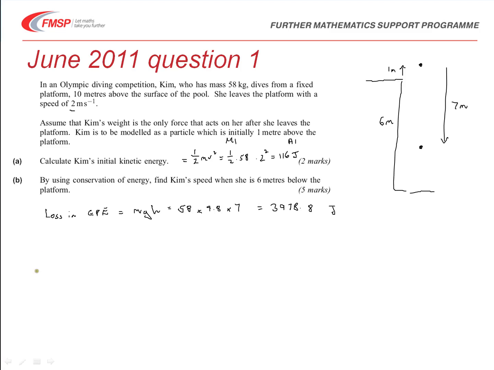So the kinetic energy at, well, let's call that point B on our diagram. We call that point A where they started. We can then say the kinetic energy at B must equal the kinetic energy at A plus the 3,978.8 joules.